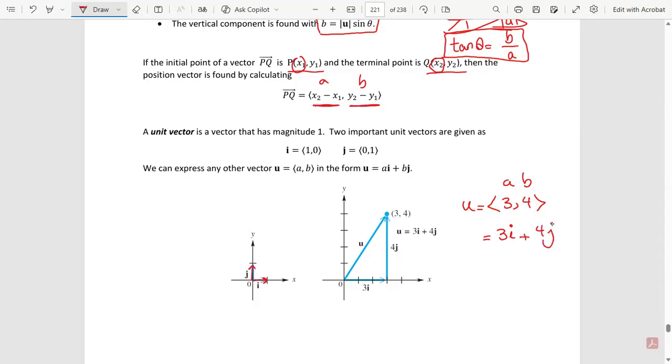So that's another form of representing the name of the vector. So instead of showing the name of a vector as a vector component, we can show it in terms of i and j. But make sure when you are writing 3i and 4j, you have to add them together. So this is another form of writing the vector in terms of i and j.